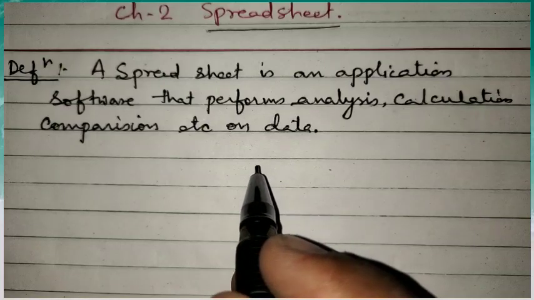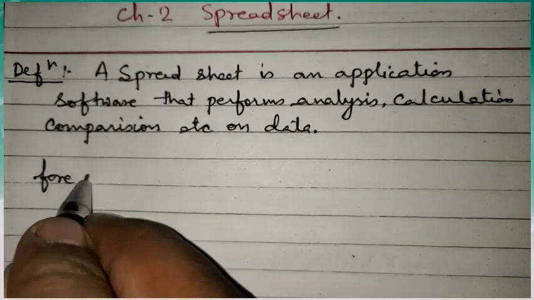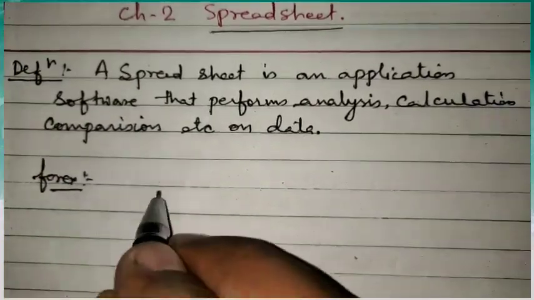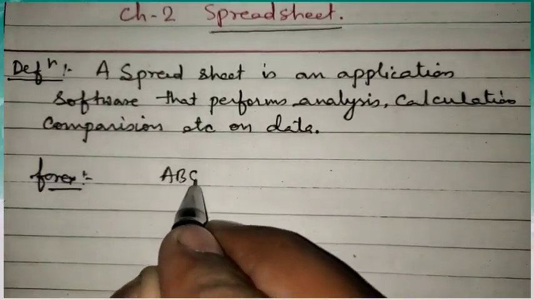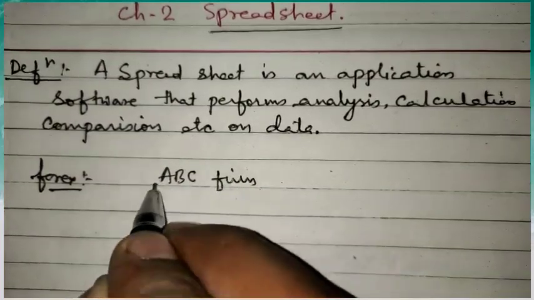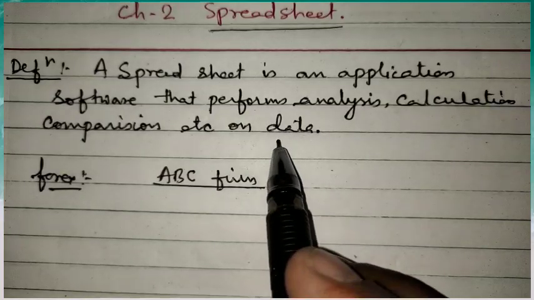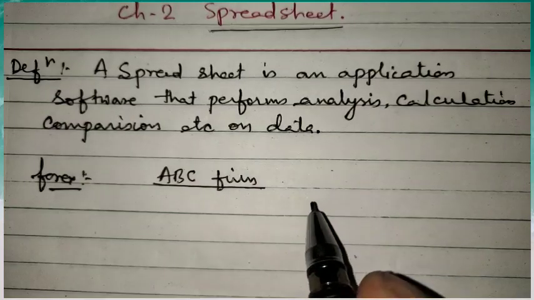Let us understand it more clearly by an example. Suppose we are working in a company whose name is ABC firm. In that company there are so many tasks which we have to perform on data.